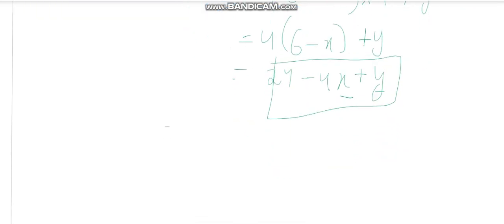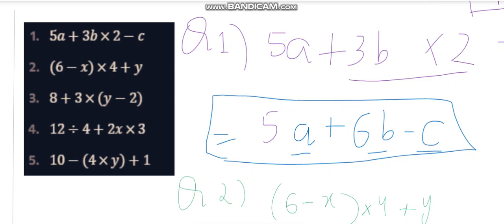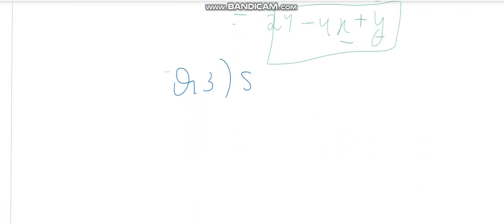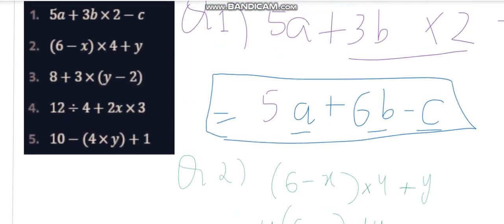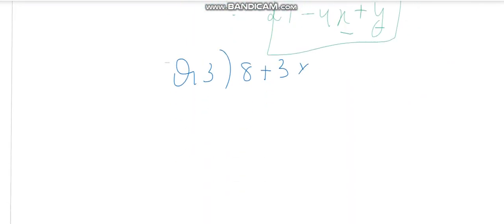Let's move on to question number 3, which is 8 plus 3 times y minus 2. Now again, same thing. This times does not mean anything. We can simply write it like this.